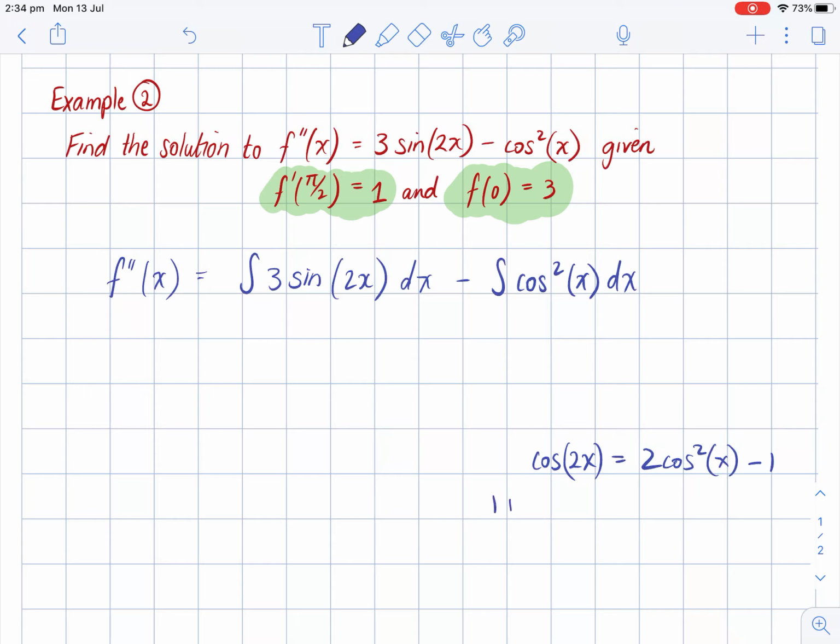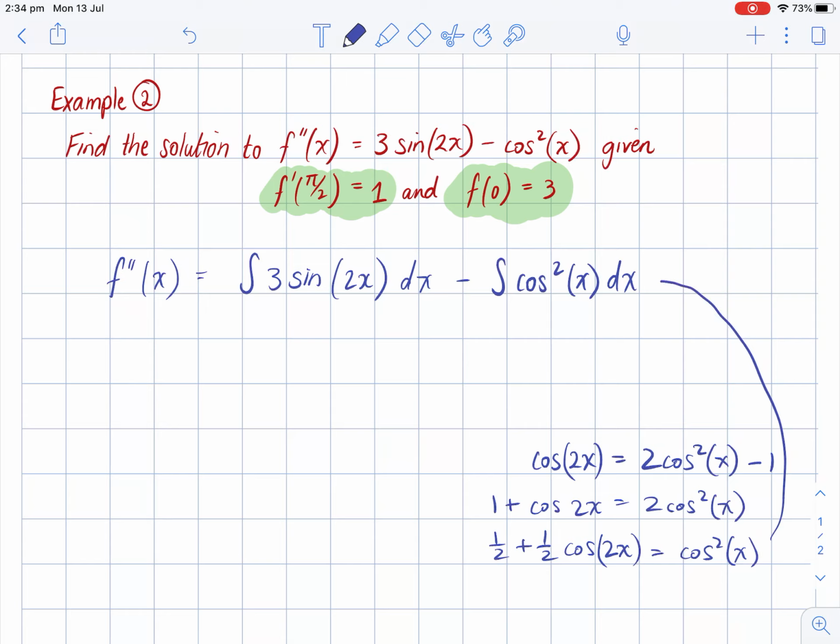So then I can have 1 plus cos 2x equals 2 cos squared x, and then a half plus a half cos 2x equals cos squared x. So I can substitute that into my integral up the top here and integrate that instead.